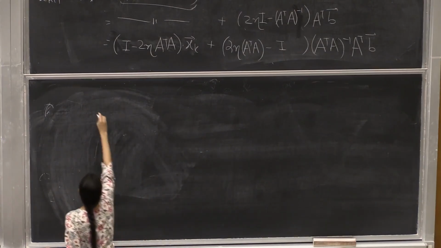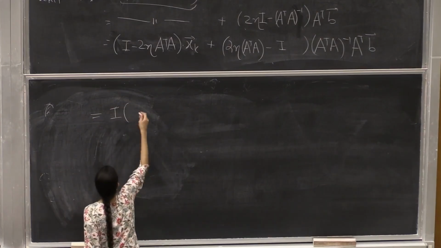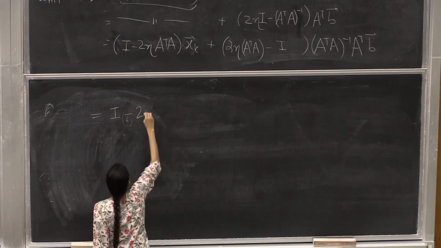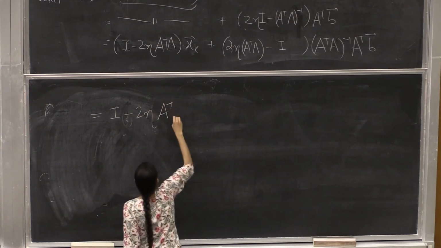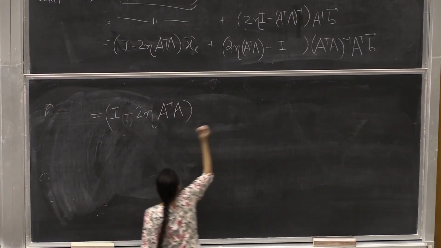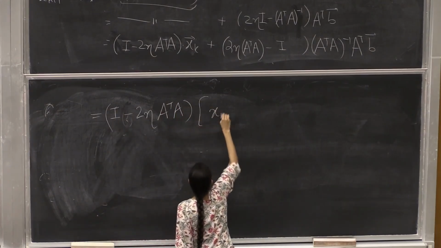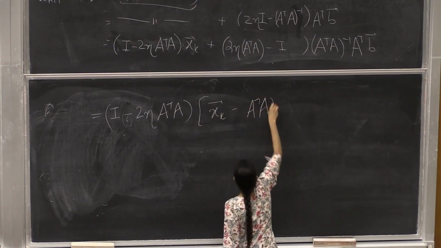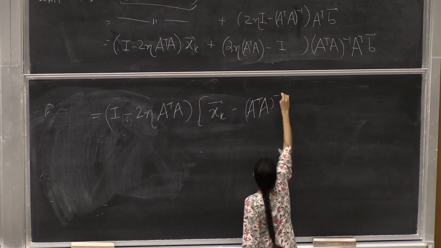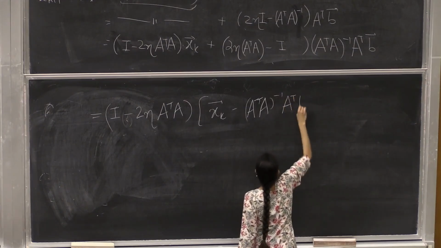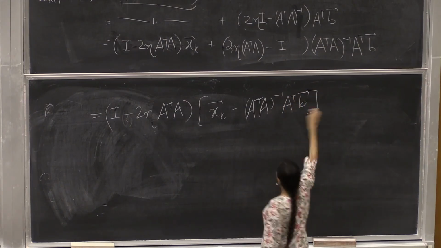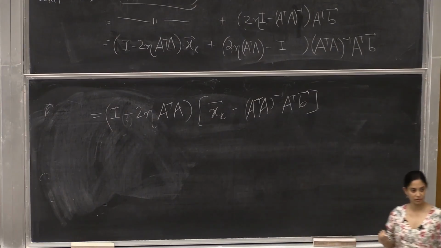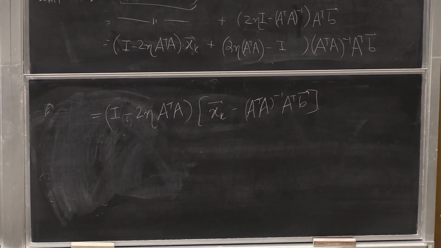So now this is equal to identity minus 2 eta A transpose A times xk minus A transpose A inverse A transpose B. Cool.